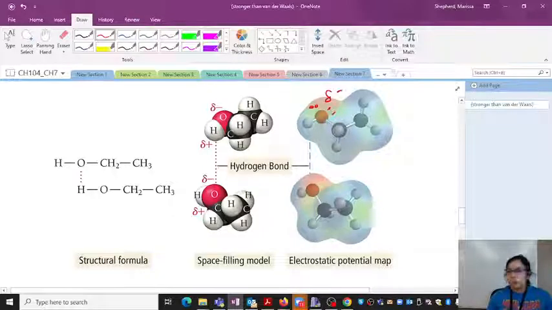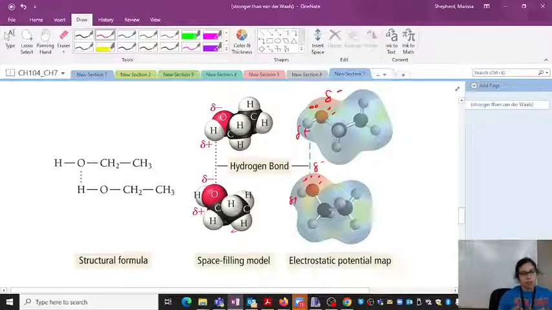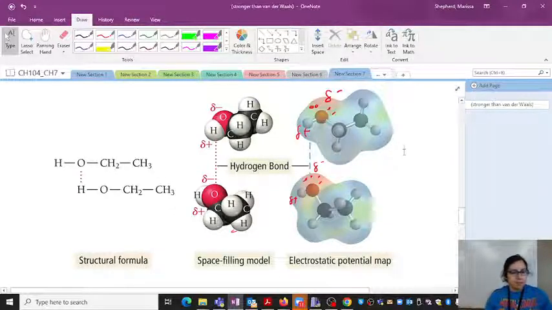We have our partial negative charge here. This leaves our hydrogen partial positive. And then it's going to line up with the other oxygen of ethanol. So it's attracted again to that partial negative charge. And then this other hydrogen, of course, has a partial positive. And so we could go on and on where they're all attracted to each other.